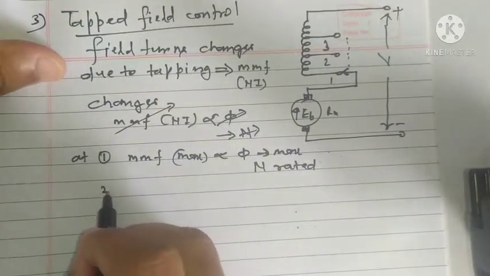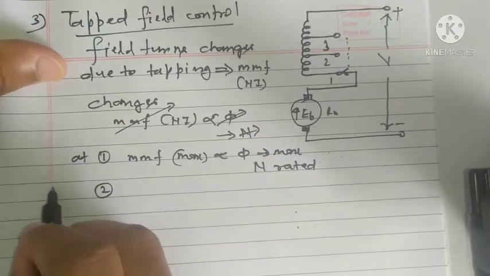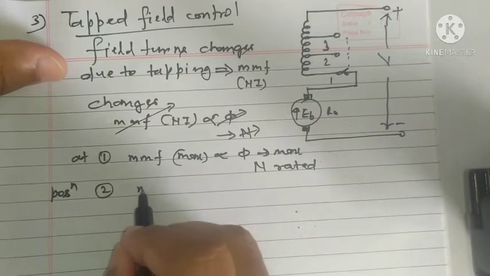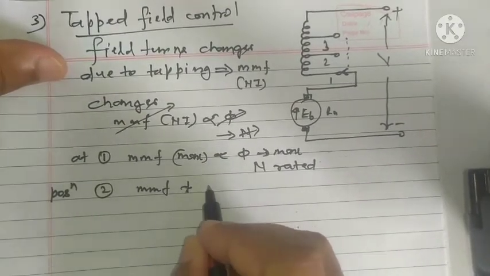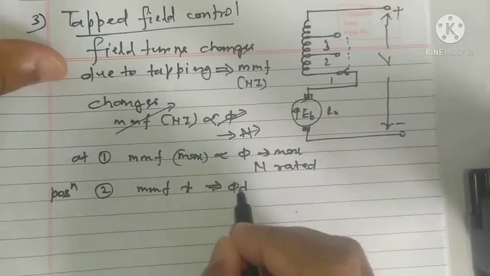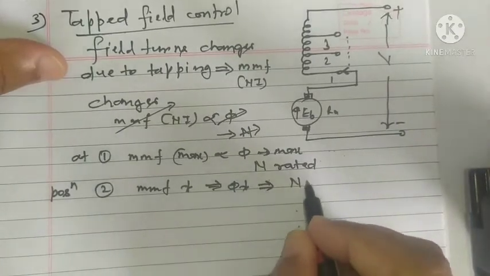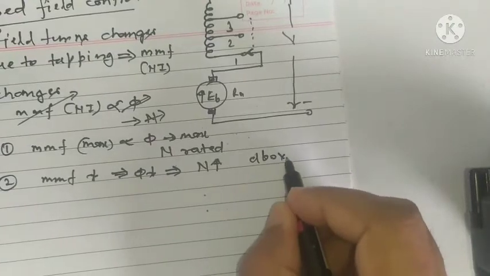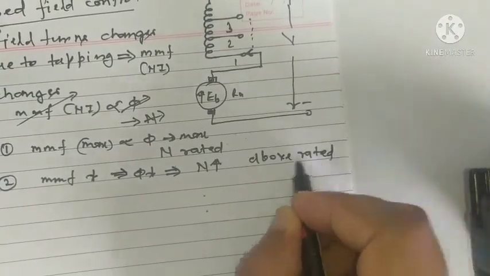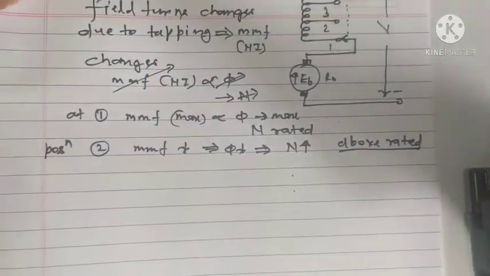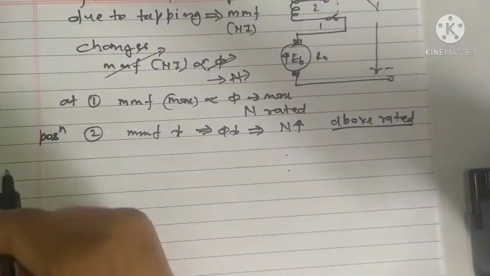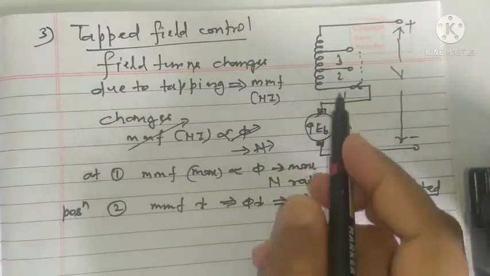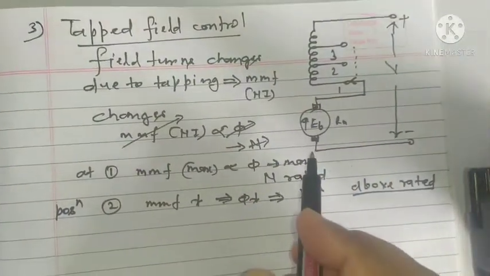But when we go to another position, at position 2, MMF reduces, flux reduces, speed increases above rated. So this method is useful for speed control above rated. This is tapped field control. We have provided certain tappings, and by selecting the tapping position we can control the speed of the motor.